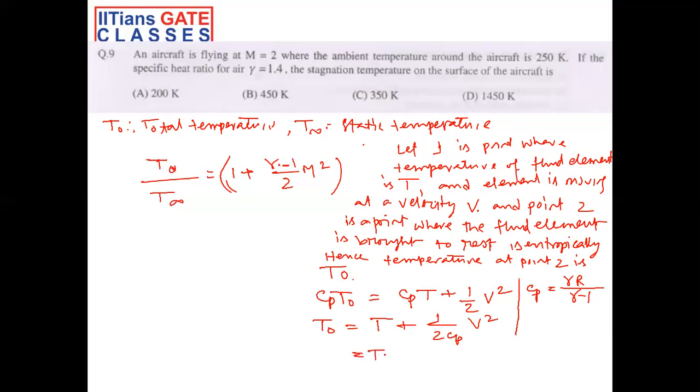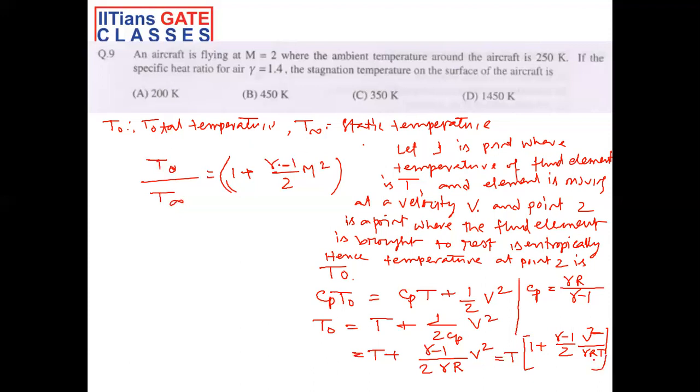So substituting that expression here, it will give gamma minus 1 by 2 gamma R into v square, right? So if we take T common, it will come as 1 plus gamma minus 1 by 2 v square by gamma R T.